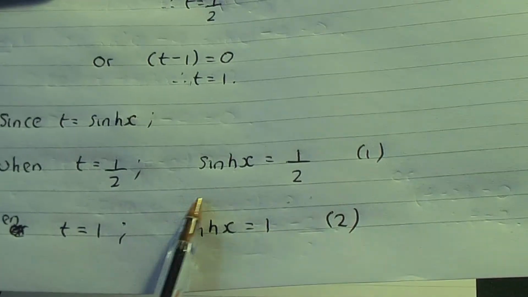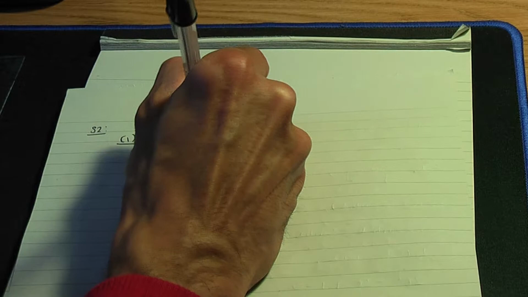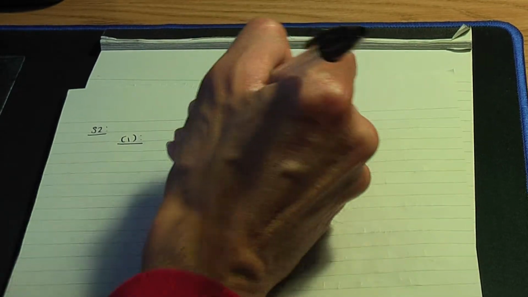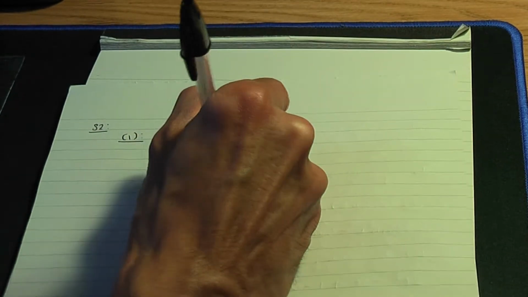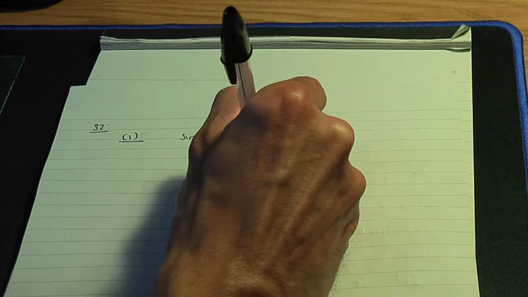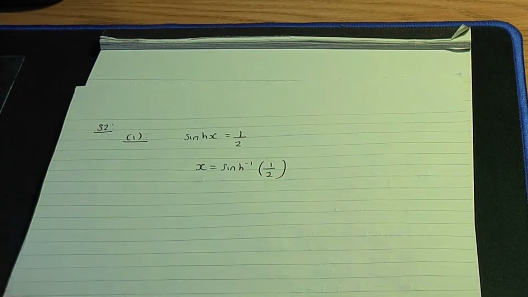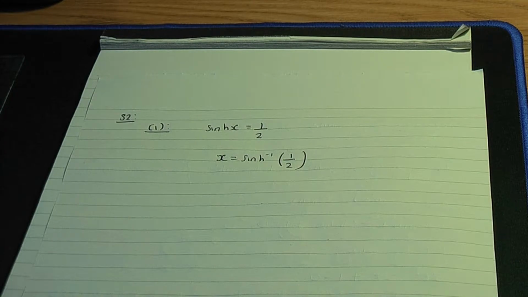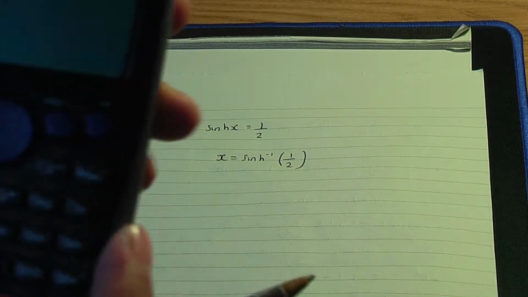So in step 2, for equation number 1 firstly, we have hyperbolic sine x equals half. So x will be the inverse hyperbolic sine of half. Once again, you can use the HYP button in the calculator to help you calculate that value.